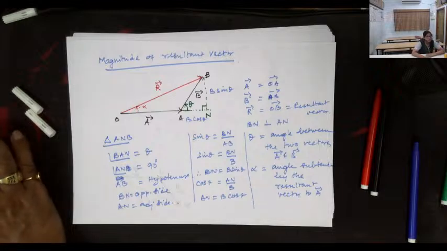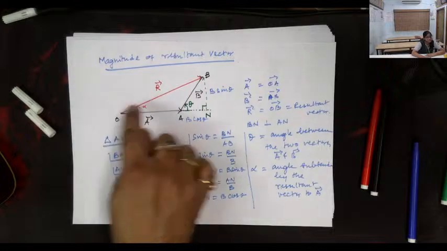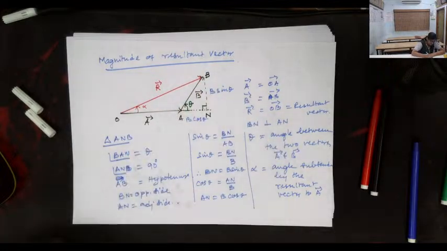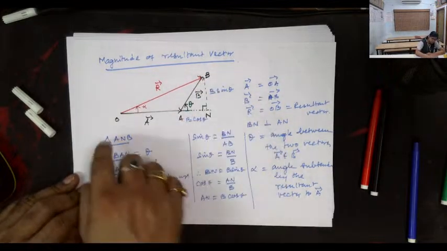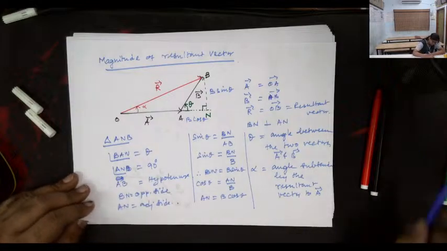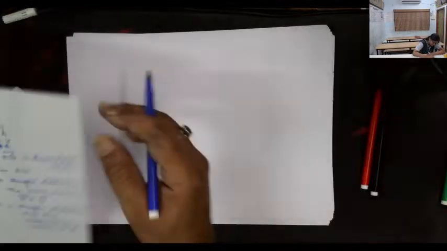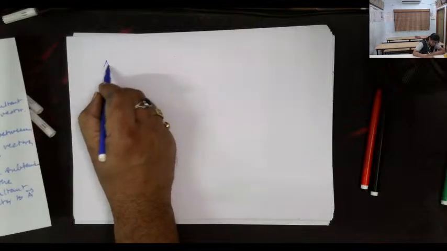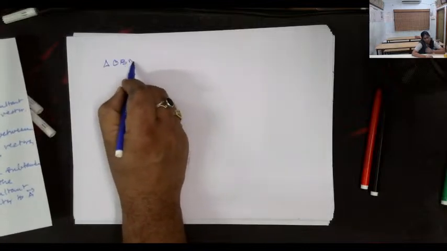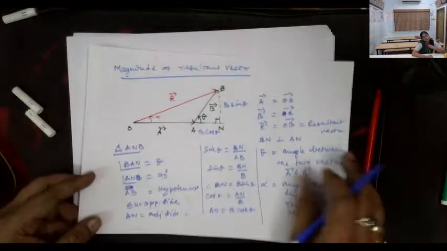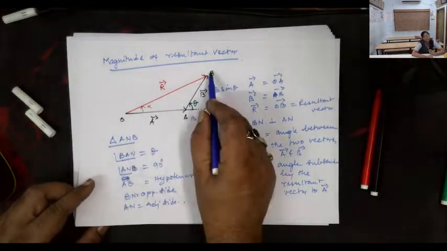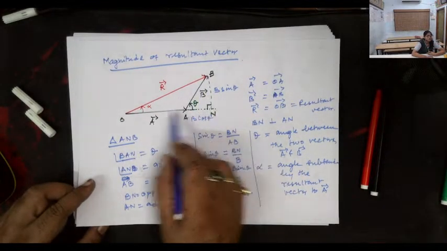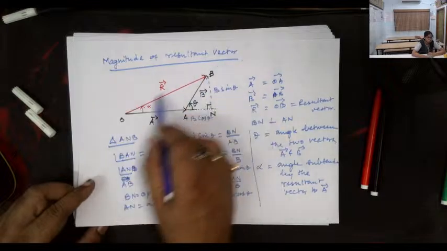Now, let us consider this bigger right triangle, OBN. This is the right angle, and OB is the hypotenuse, is it not?